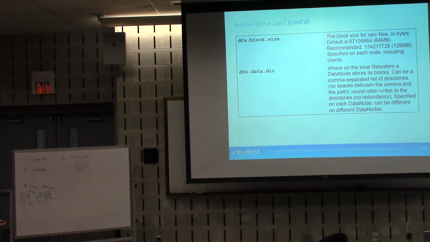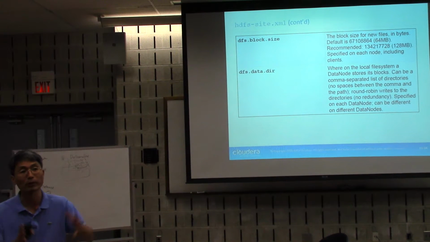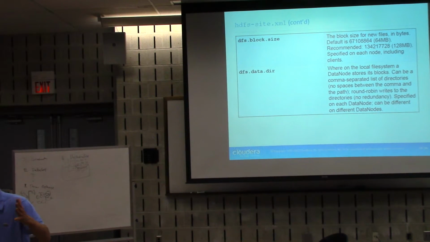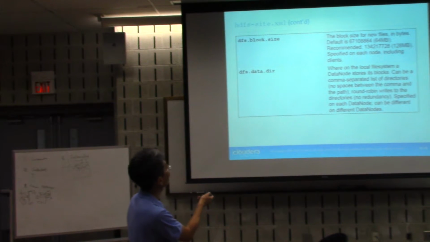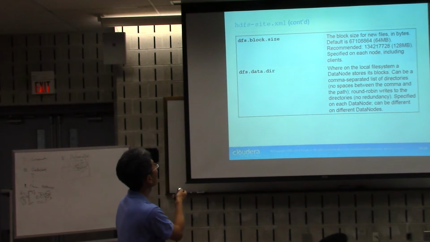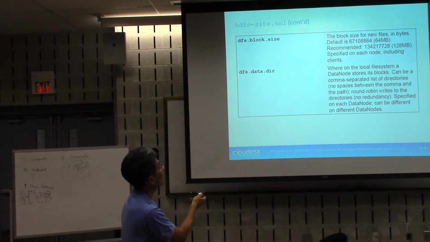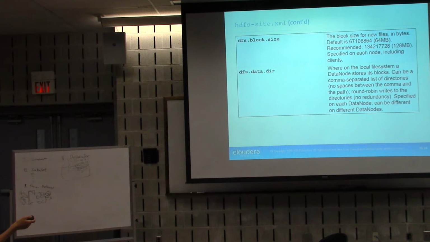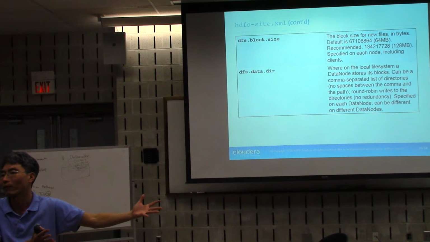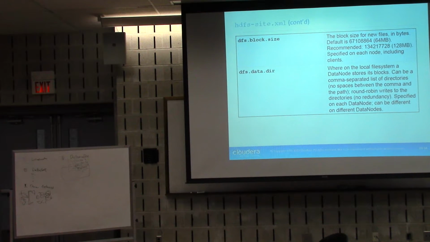As we have discussed before, HDFS uses a bigger block size, 64 megabytes or 128 megabytes. You can specify that block size here, dfs.block.size. Default is 64. If we do not specify this one, the Hadoop configuration will always use the default value.